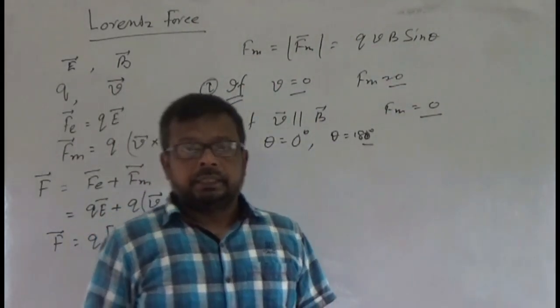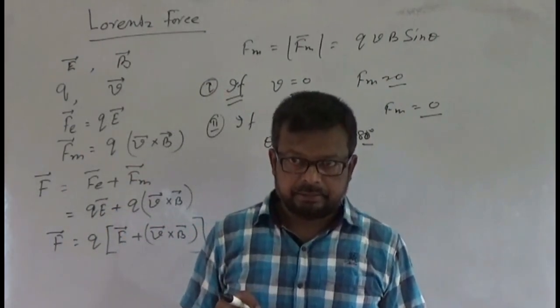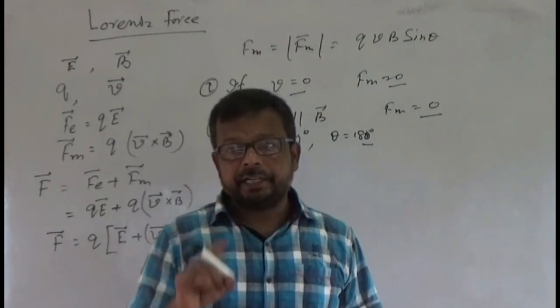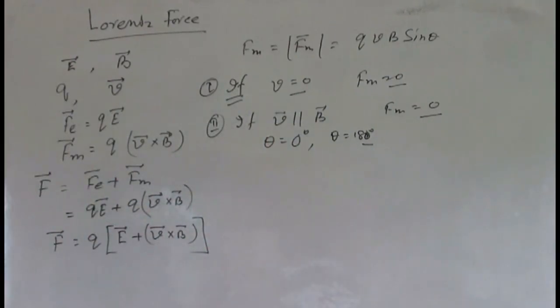That means no force is experienced by a charged particle moving parallel or anti-parallel to the direction of the magnetic field. If a charged particle is moving along the magnetic field, or is moving just opposite to the magnetic field, then the charged particle does not experience any force.